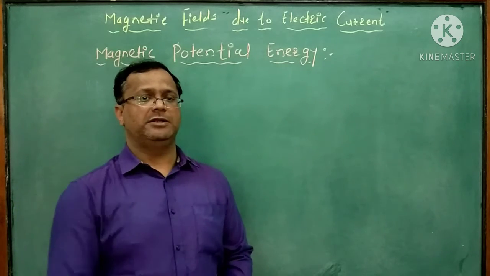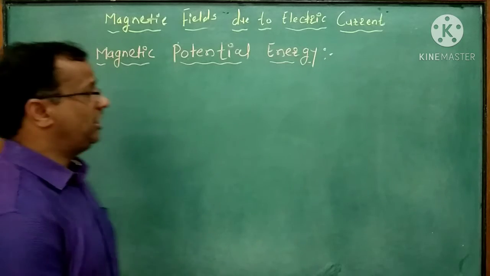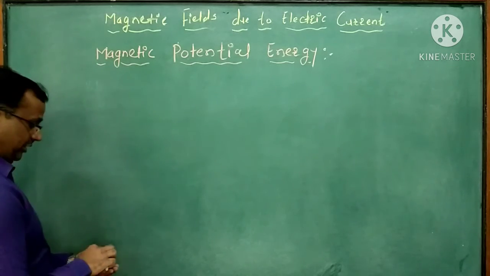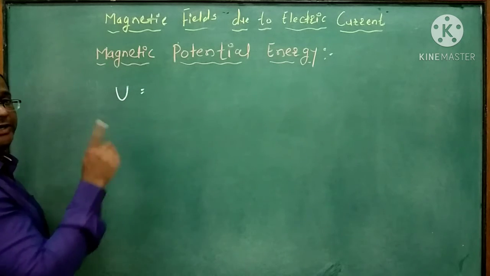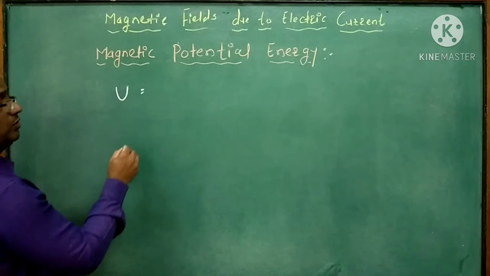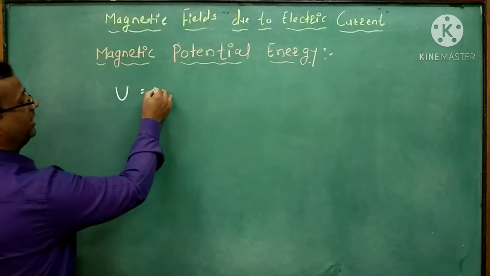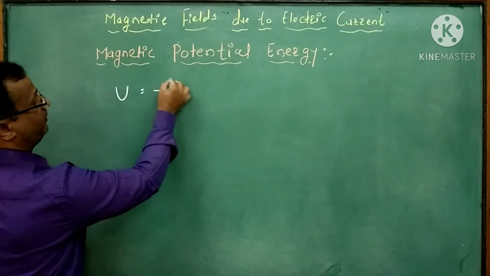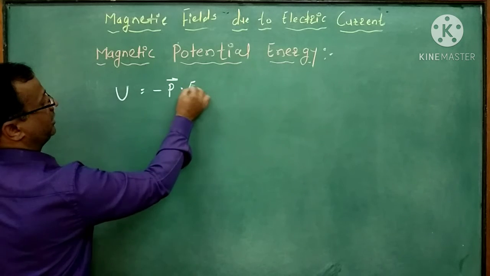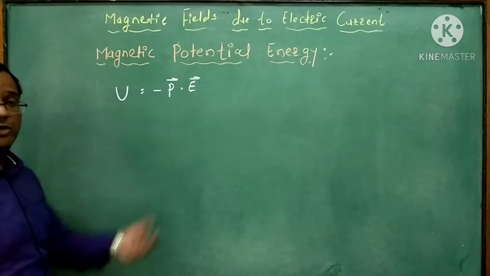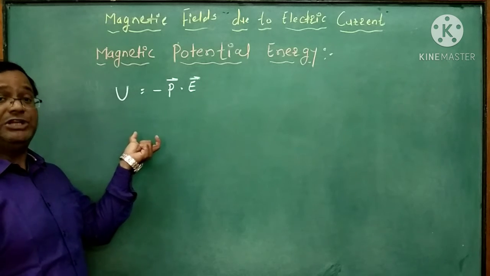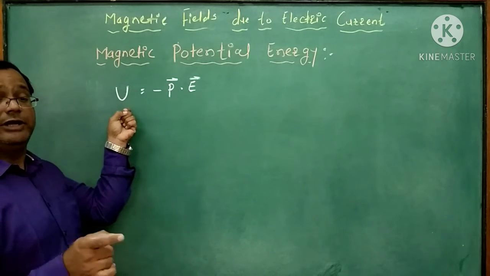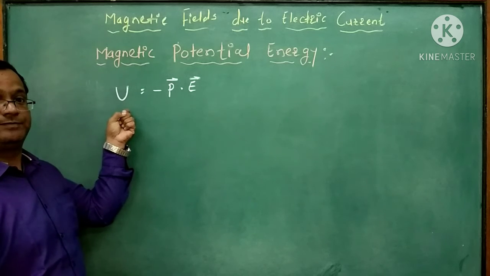The value of that potential energy, U, the electrical potential energy, is U equals minus vector P dot vector E.